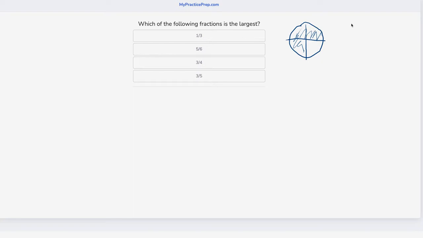Comparing that to 1/3, for example, if we take a pie, split it into 3, and only fill in 1 of those slices, we know that that's smaller than this. So for each of these, visualize a pie and see which one appears the largest. And to me, it's going to be a tie between this one and this one.